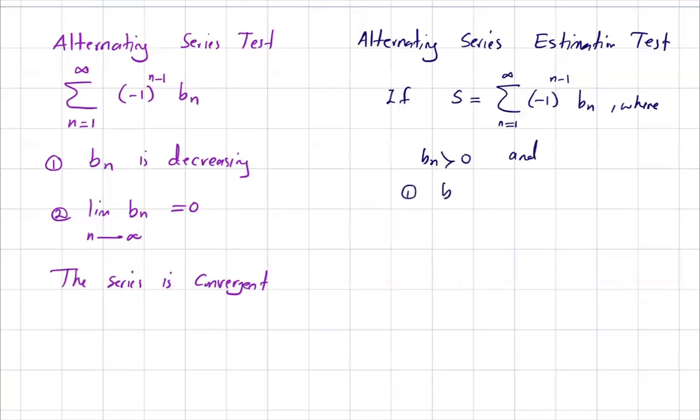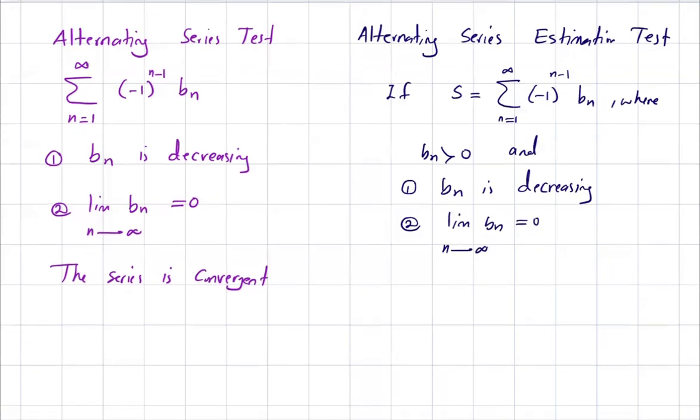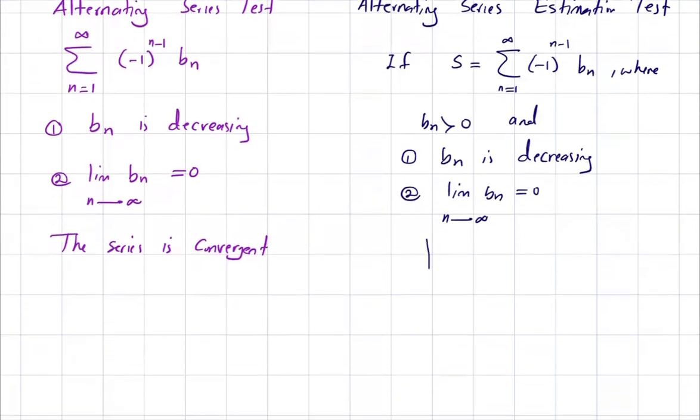First of all, bn is decreasing. And two, the limit of bn as n goes to infinity is equal to 0, then the absolute value of S minus Sn is going to be less than or equal to b(n+1).